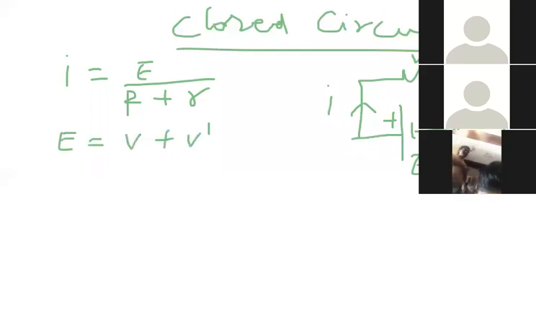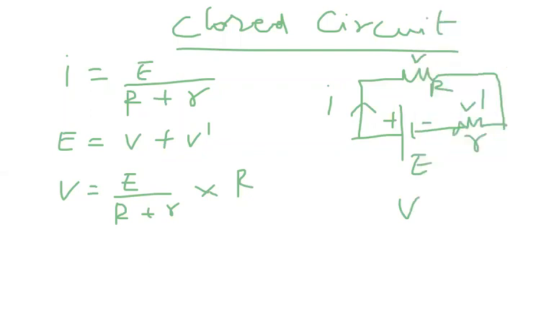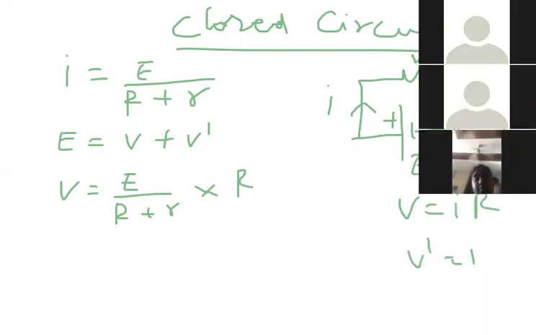And we have written this also: V is equal to E by R plus r into capital R. Here V equal to I into capital R, and V dash is equal to I into small r.